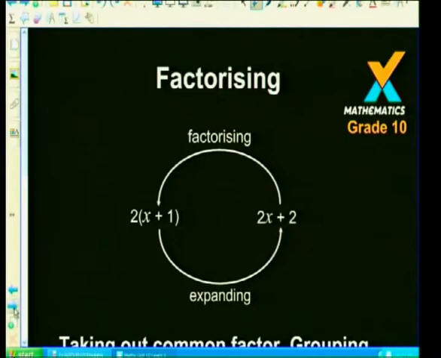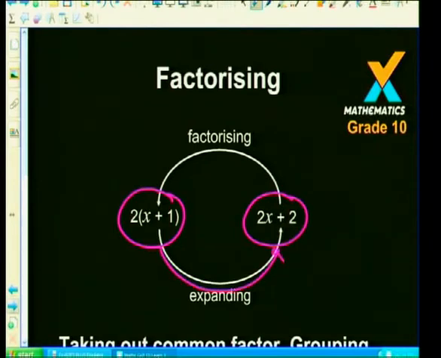And let's have a little look at the diagram over here. If we take that expression over there and we expand it, or we do our rainbow sums, we land up with that. There we go. If we factorize, we put it back into the brackets and we land up with what we started with. So factorization and expansion are opposite operations.